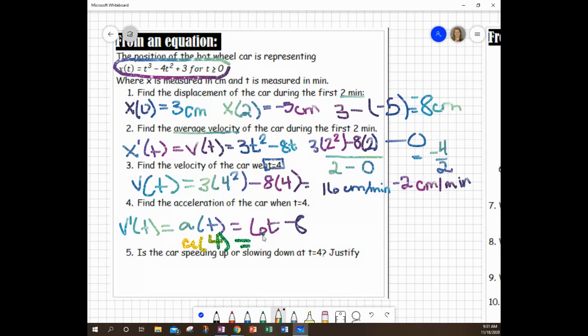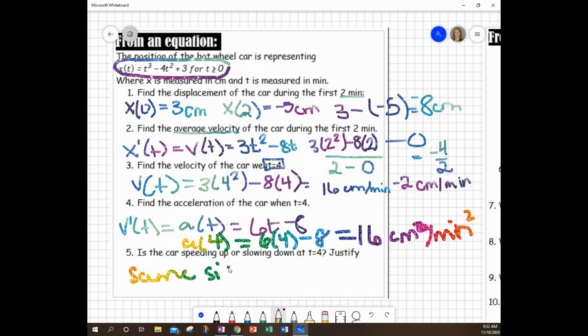I'm going to get 6 times 4 minus 8, which is also 16. Now keep in mind it is centimeters per minute per minute, so squared. And is the car speeding up or slowing down? Well, I know that because they have the same sign, it is speeding up.